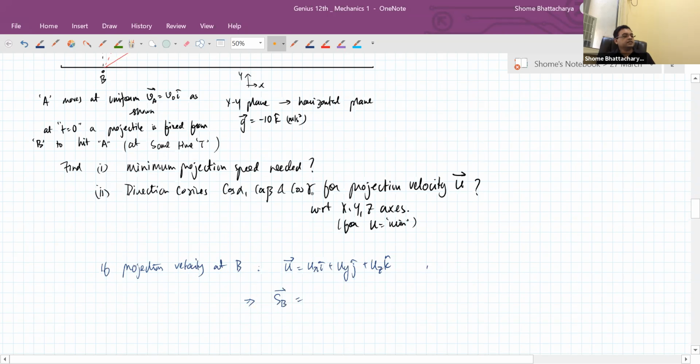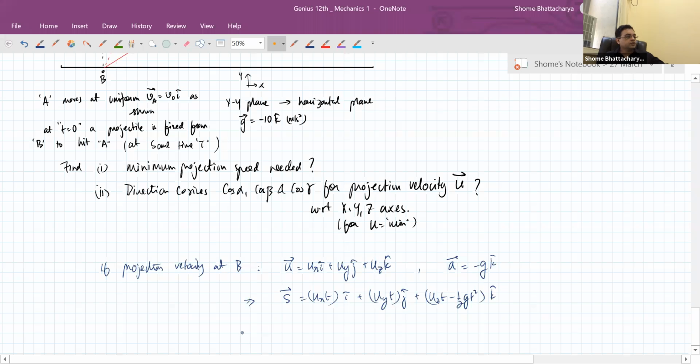Now, obviously, the acceleration of the projectile is minus g k cap. Okay. So the displacement of the projectile as a function of time is going to be ux t i cap plus uy t j cap plus uz t minus half gt square k cap.